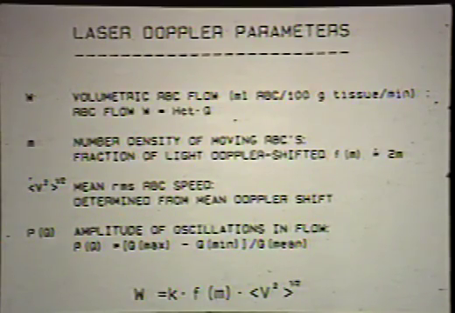The parameter really is measuring the product of the number density of moving red cells, which is derived from the fraction of light that's Doppler shifted, and the mean RMS speed, which is determined from the mean Doppler shift. The product of these two gives us this, quote, flow parameter, which really has units of volumetric flow times length. It's got an extra length factor, and that's related to the path of a red cell through the measurement volume.